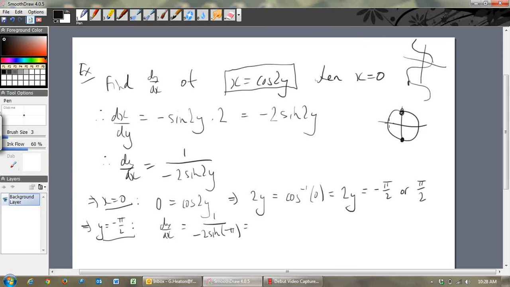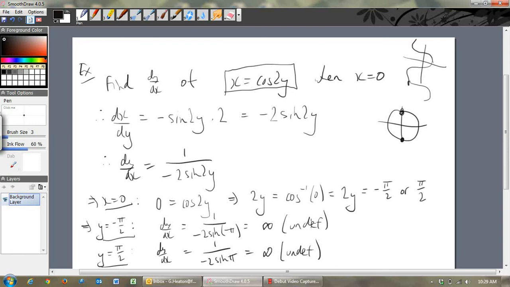Sine is equal to 0, and so we get an infinite or undefined gradient there. And when y is equal to pi on 2, that was our other one, the derivative is equal to 1 over negative 2 sine of pi. Again, sine of pi is equal to 0, so that's also undefined.